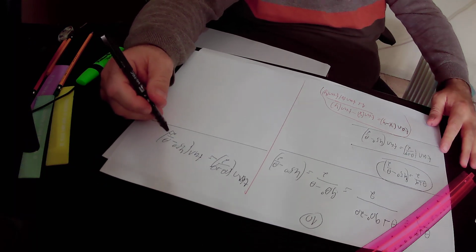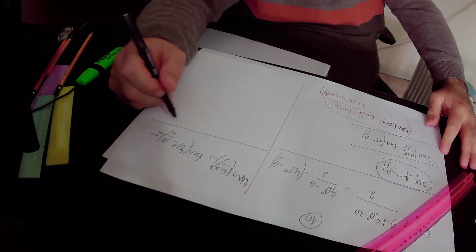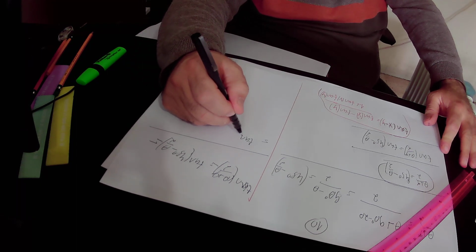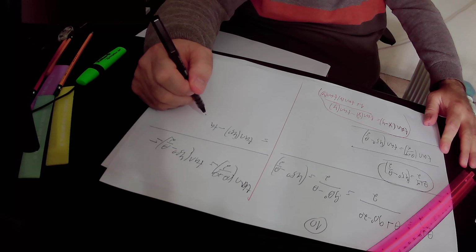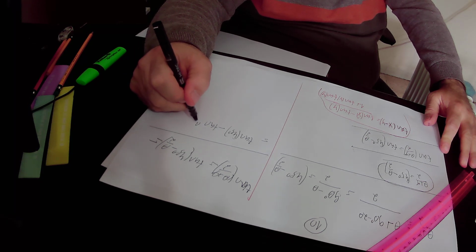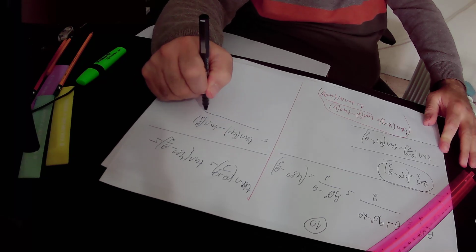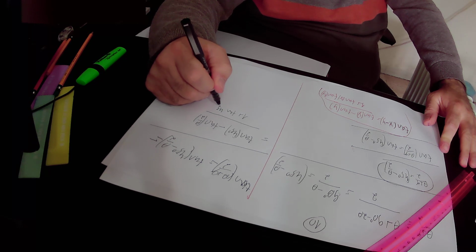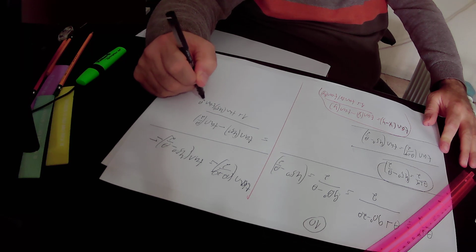We will get that tangent of 45 degrees minus theta over 2 will be equal to tangent 45 degrees minus tangent theta over 2, over 1 plus tangent 45 degrees times tangent theta over 2.